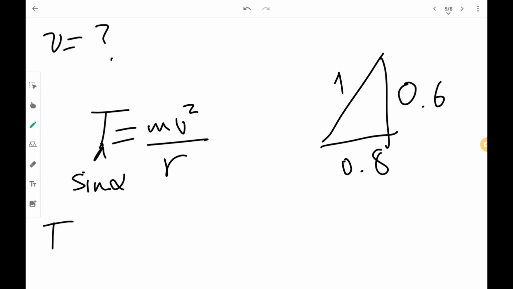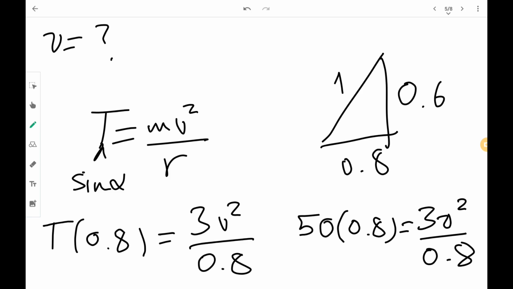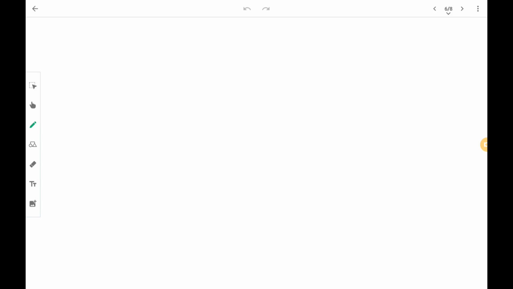So T times 0.8 is equal to 3v squared over 0.8. Then you'll get 50 times 0.8 is 3 times v squared over 0.8. You will get v to be 3.23 meters per second.